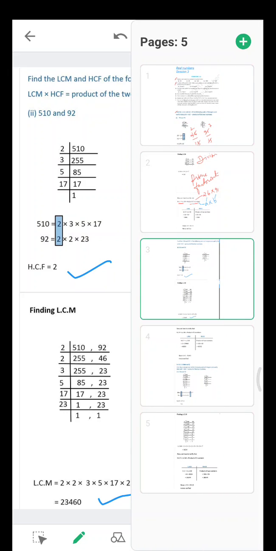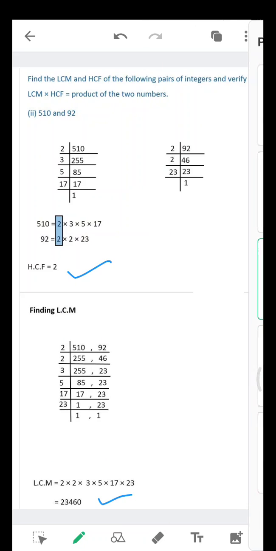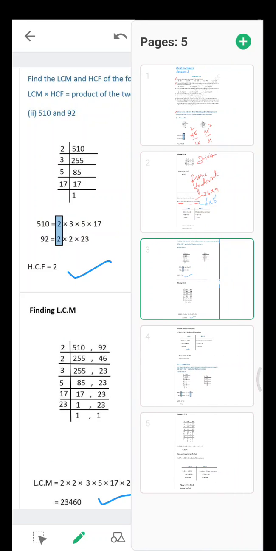Then again we can verify it by using the same relationship. HCF into LCM I'll take as LHS, and the product of the numbers is RHS. When you multiply LCM and HCF, you get 46,920. And for the product of the two numbers, what were our numbers? Those numbers are in the question itself, 510 and 92.